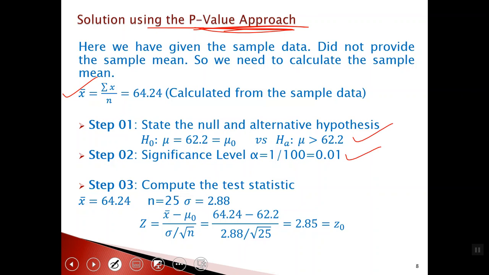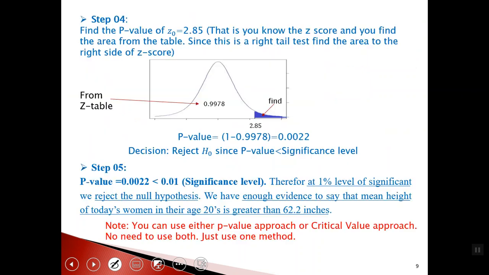Remember that we are using the p-value approach. Same as before, calculate your Z naught value, which means the test statistic value. Then find the p-value based on your test statistic value.